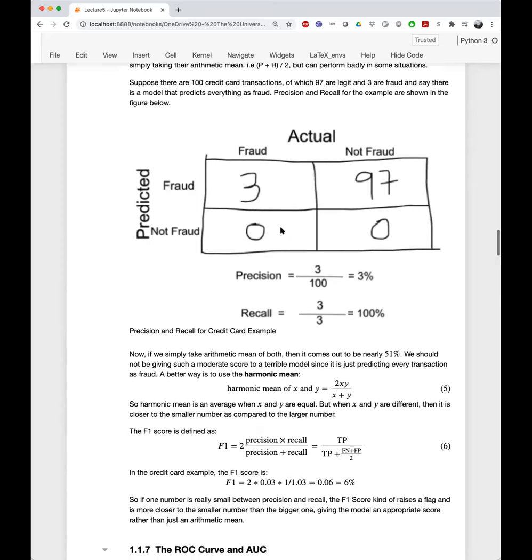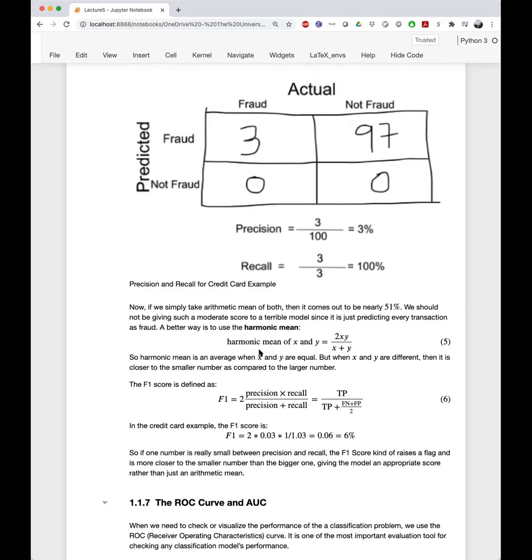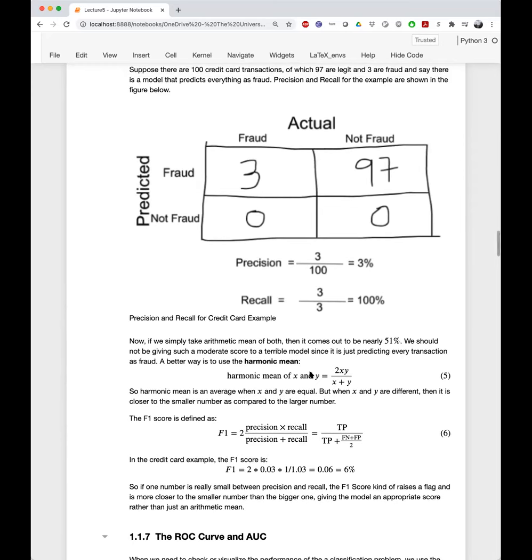This is called the harmonic mean. The definition of harmonic mean is 2xy divided by x plus y, in contrast to the arithmetic mean, which is x plus y over 2. And what's the advantage of using this? The property of harmonic mean is, if x and y are pretty close, then 2xy over x plus y is about x or y.